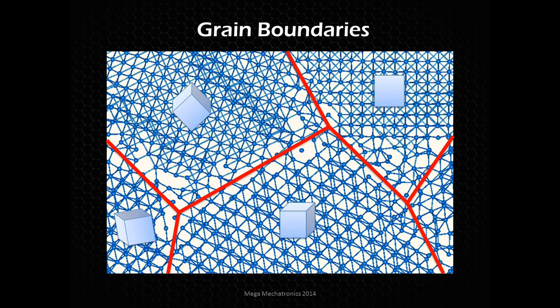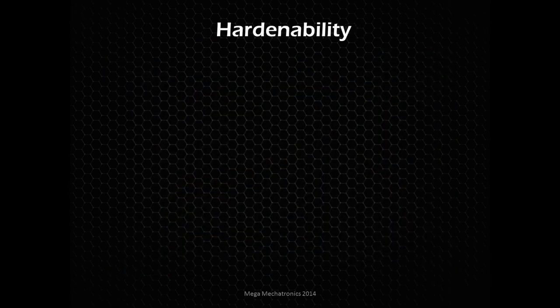And on the other side of that, if we have huge grains, that makes the material more ductile, because we're allowing it to move around and deform and allow those cubic structures to reorientate themselves and shift around.